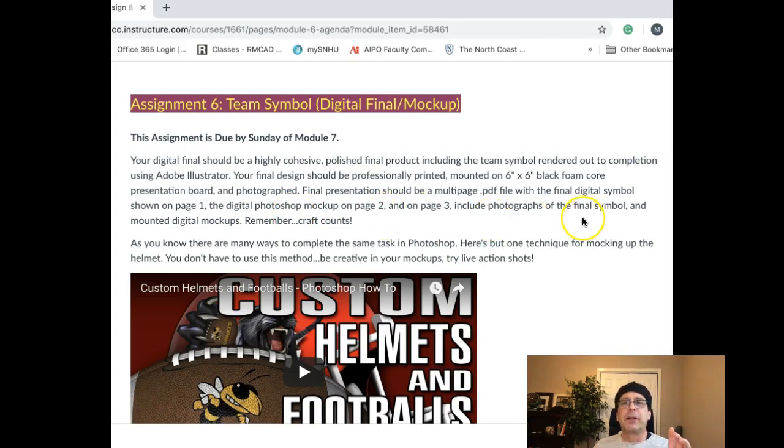And then on page 3, you're going to include photographs of the final symbol and the mounted digital mock-ups. So you're going to print the actual symbol itself and mount it. Then you're also going to take your mock-up where you put it on a football helmet. You're going to print that and mount it.